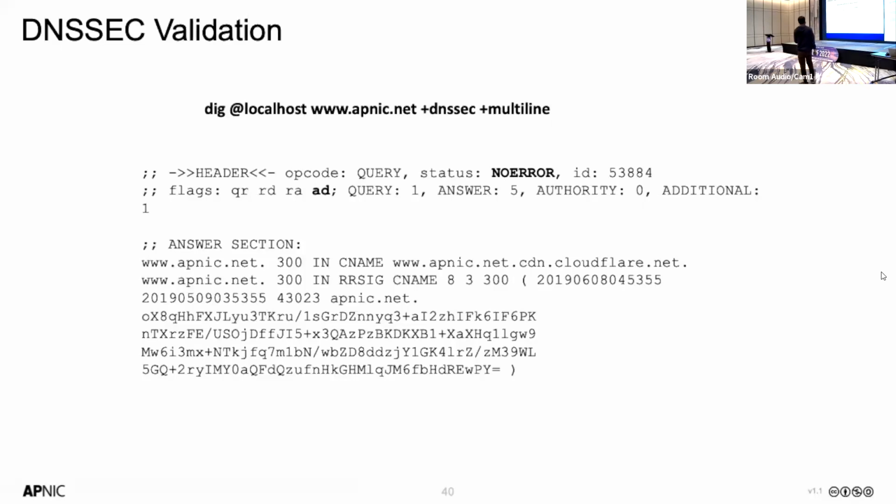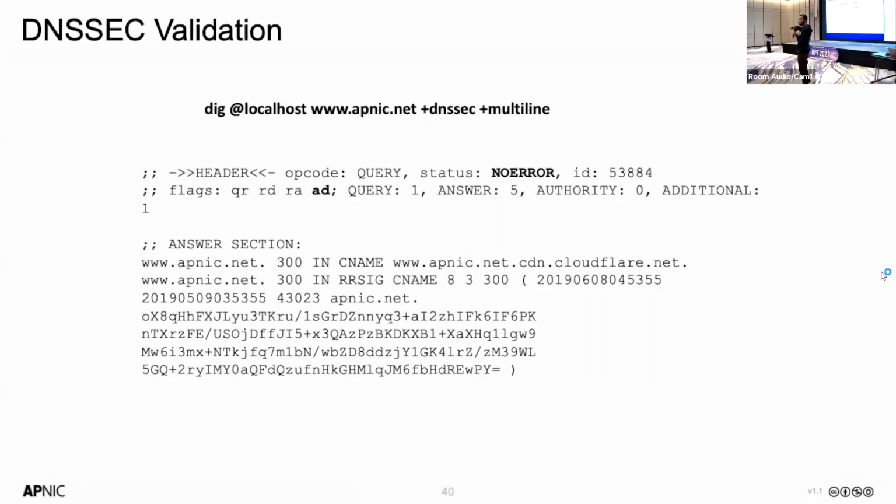And I would like to see the DNSSEC related parameters or information, so the +dnssec flag is added there. And then I'd like to see multi-line output for additional information. So once you use this in a Linux terminal, for example, we can see some answer there. If you see the top line here, it's kind of a snap, right?